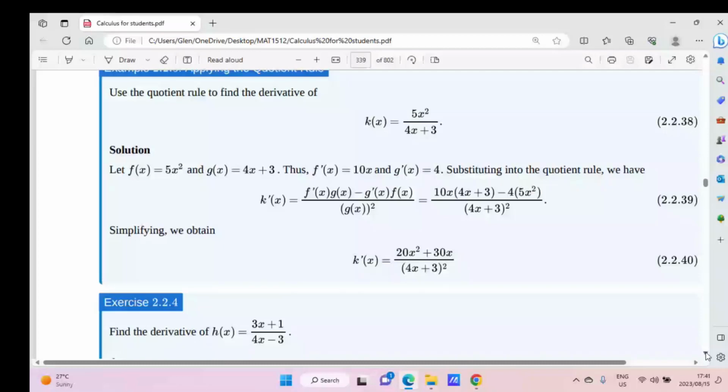So the mistake I made here was I derived 3x, which is 1, and I didn't multiply with the constant 3. And then on the other one, I derived 4x, which is 1, and I didn't multiply with the constant 4. That's why I made a mistake.